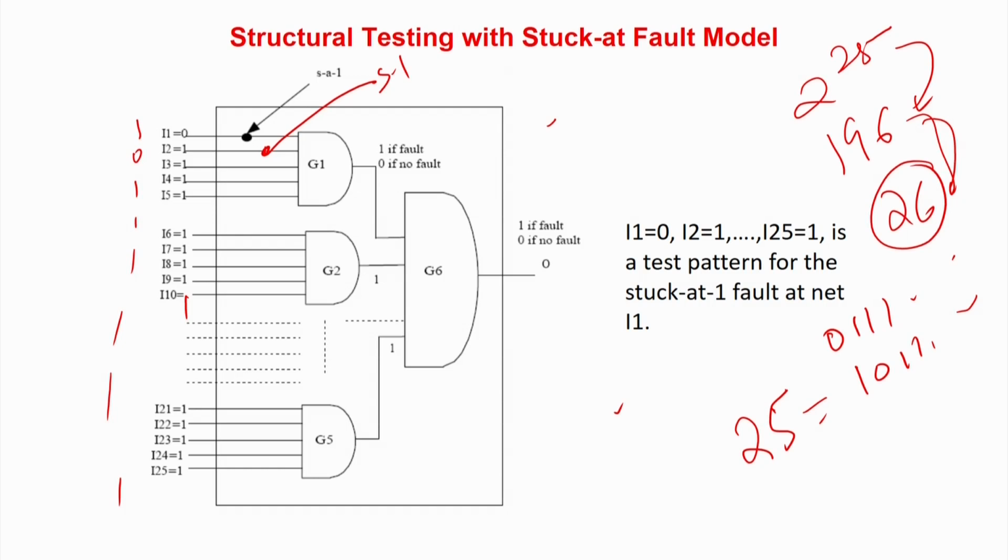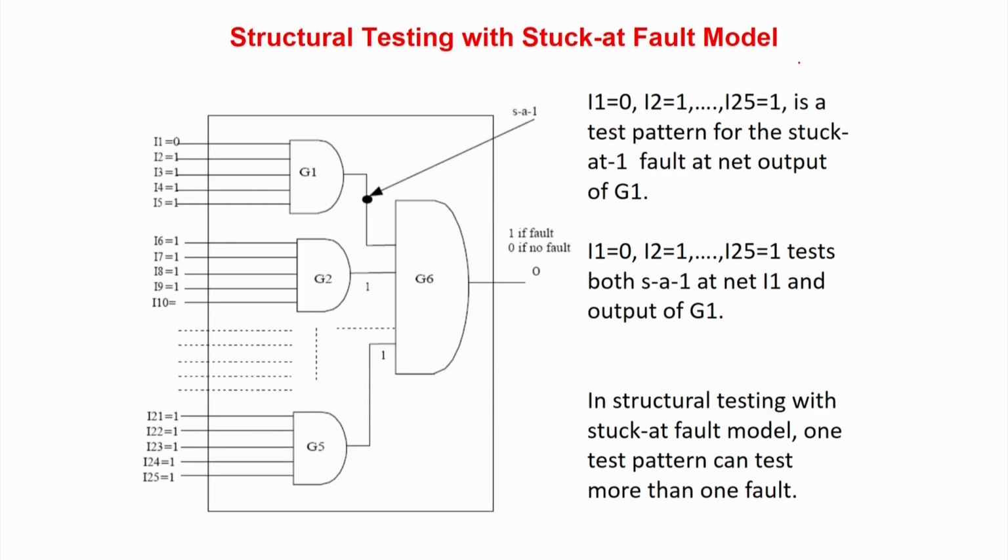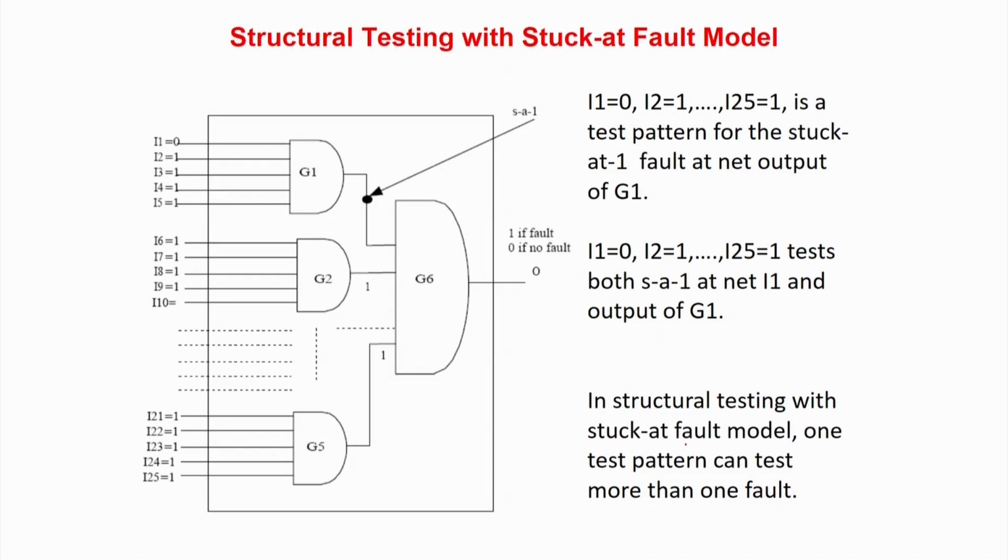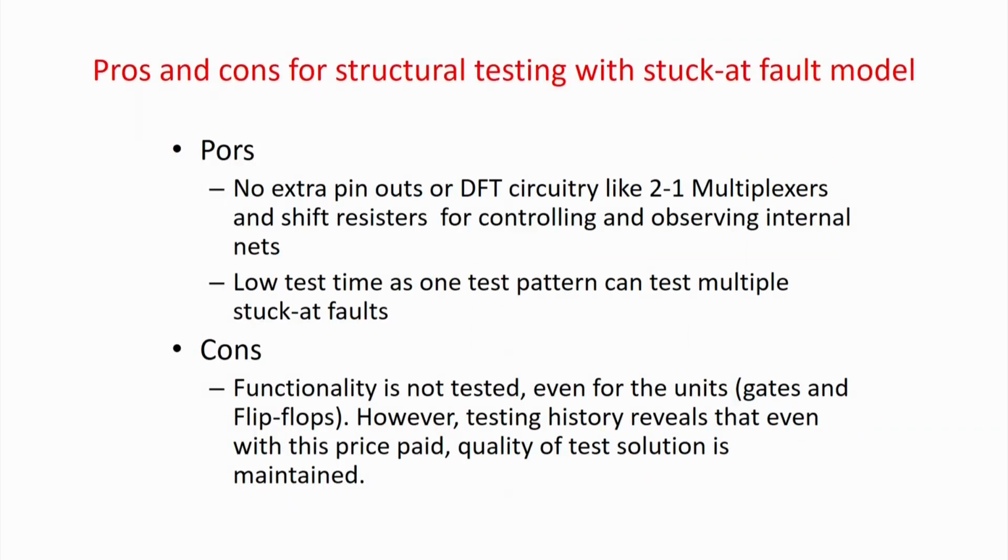Therefore, structural testing with fault models became a de facto standard, and all testing now, in embedded system hardware or pure VLSI hardware, is with structural fault models. So this example you can look at. In structural testing with the stuck at fault model, one test pattern can test more than one fault. That is another benefit of structural testing with fault models.